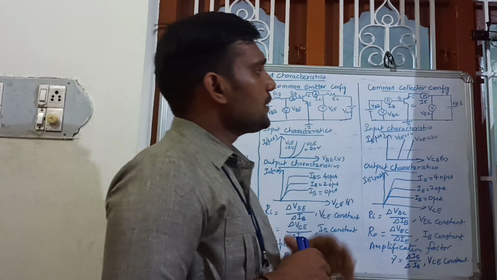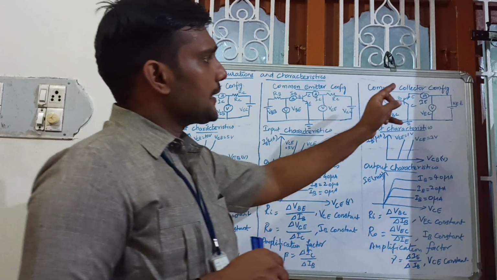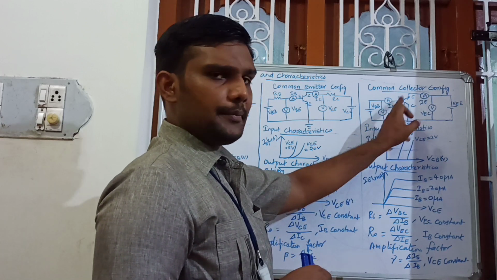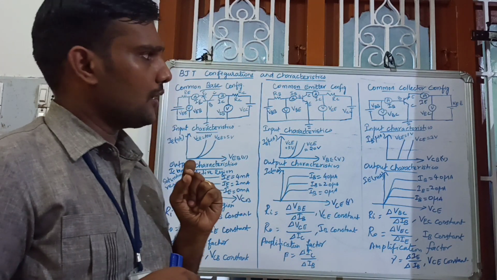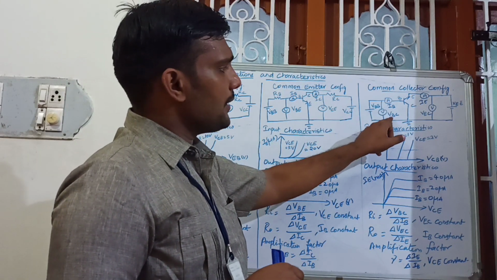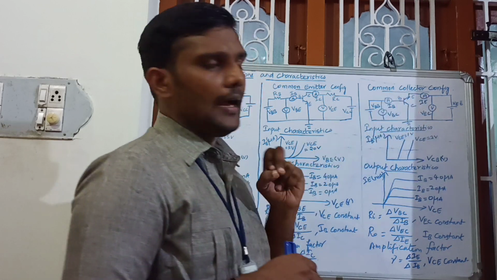Then common collector configuration. From the name itself you can say the collector terminal is common for input and output. The base is acting as the input terminal, the emitter is acting as the output terminal. Here on the input side, two parameters are measured, that is VBC and IB. On the output side, VEC and IE.